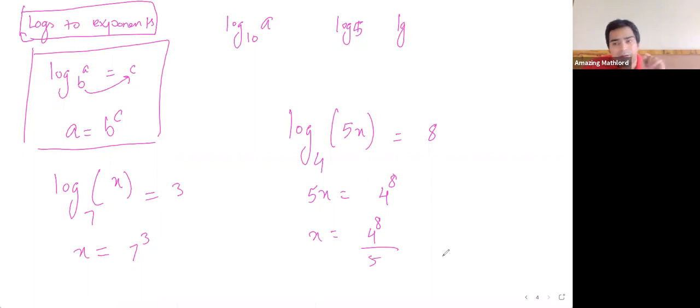Now I'm going to take some critical problem solving, which will mix up both of these to make you comfortable. So the first one I'm going to take is, let us say you got log of x plus 1 to the base, nothing, equals 2.